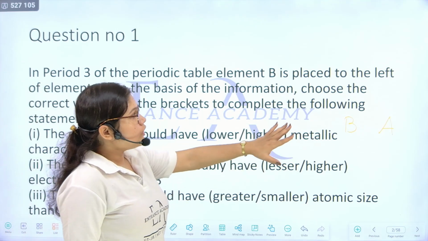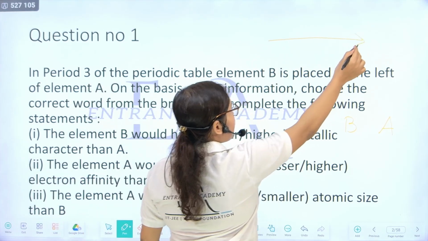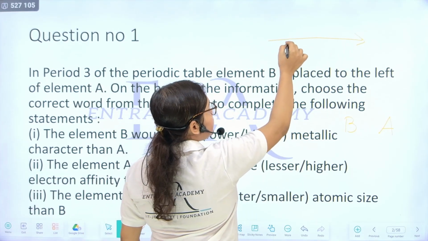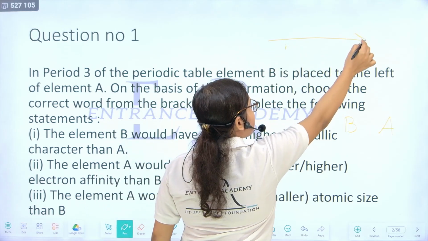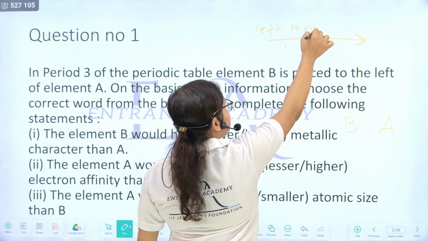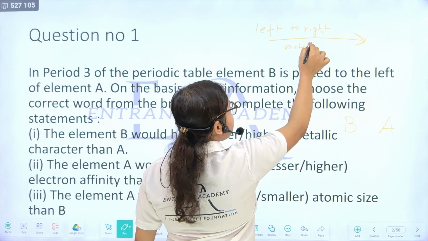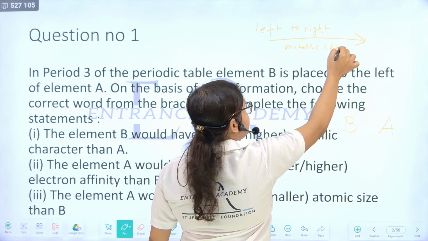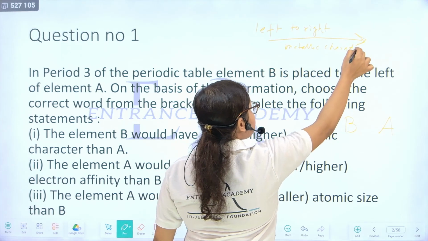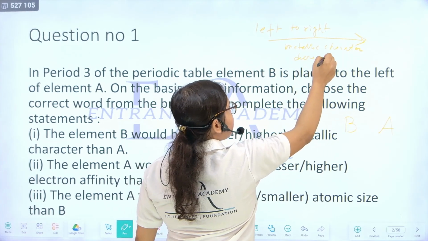So first you need to know the trend of metallic character across a period from left to right. Metallic character decreases.